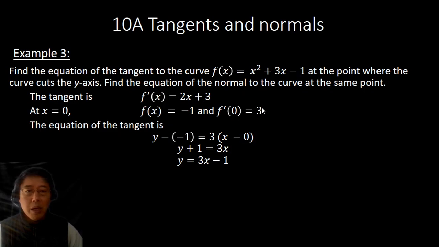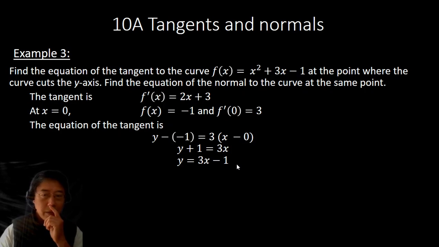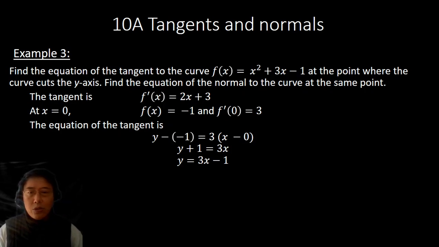Okay, and we can determine the equation of the tangent, which is y equals 3x minus 1. Now also notice the y coordinate of the y-intercept is going to be -1. That's how you determine you have your x1, y1 here.